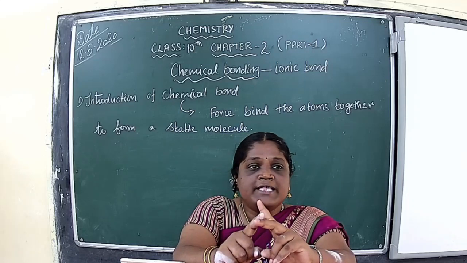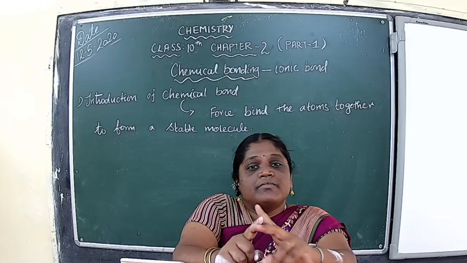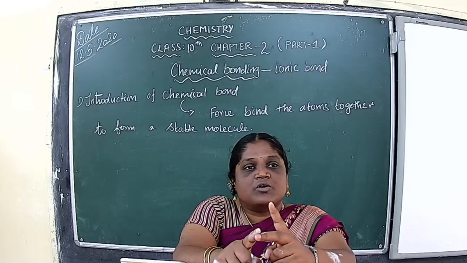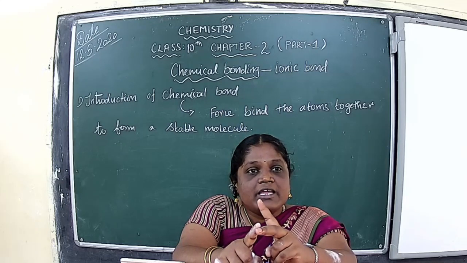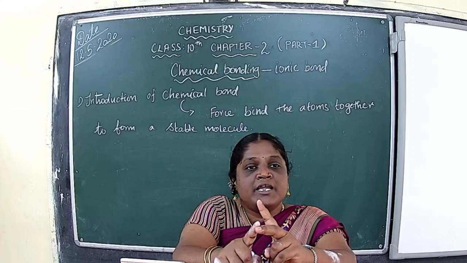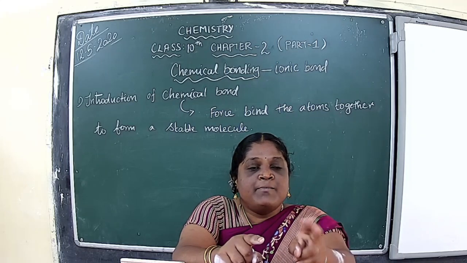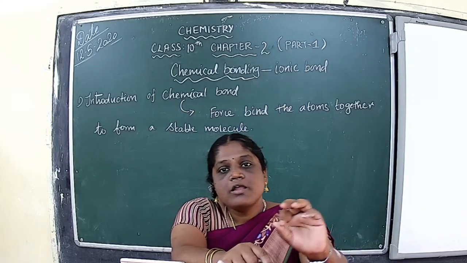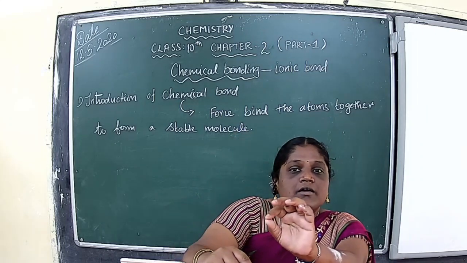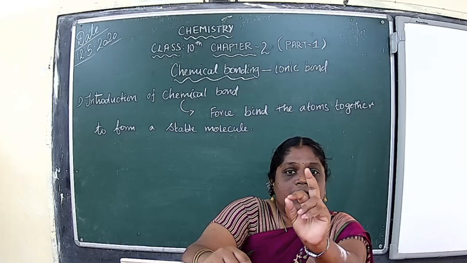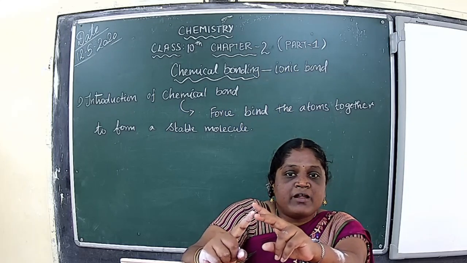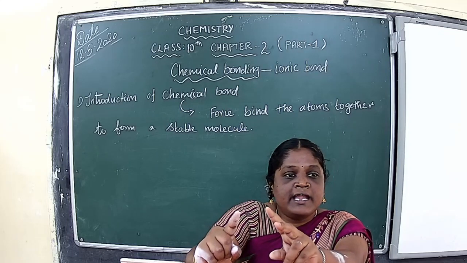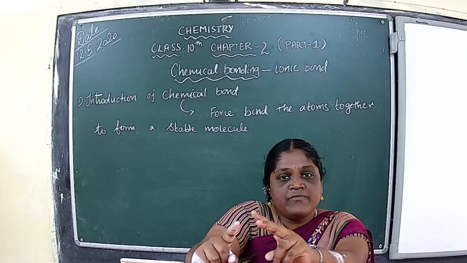The second one is mutual sharing of the electron pair between two atoms, which may be similar or different. So if it is a transfer of the electron, it attains the stable electronic configuration.